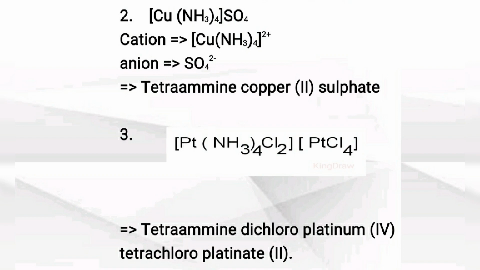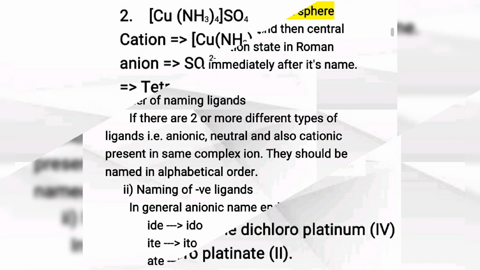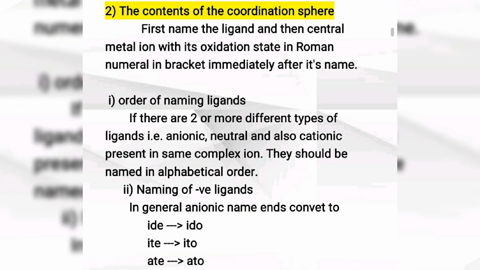Now point number 2. When writing the name of a coordination compound, we have to write the contents of the coordination sphere. So what is present in the coordination sphere? In a coordination sphere, the central metal ion and ligands are present. First we have to name the ligands and then the central metal ion with its oxidation state in a Roman numeral in a bracket immediately after the name of the central metal ion.